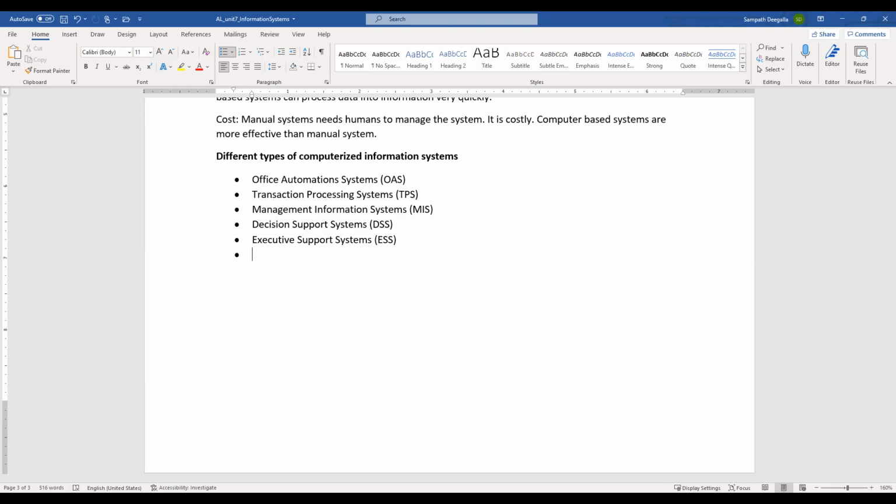Executive support systems means the system is going to help executive level officers, right? Because remember, these different systems operate at different levels because different people need different types of information. So when you say executive support system, basically it aims for the higher level.